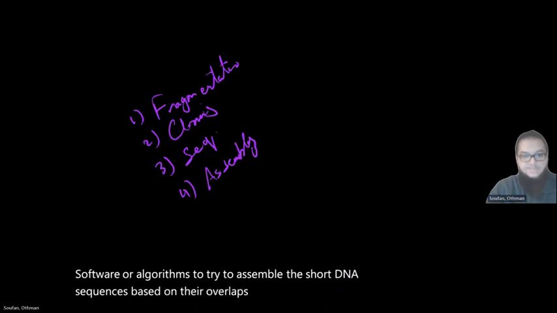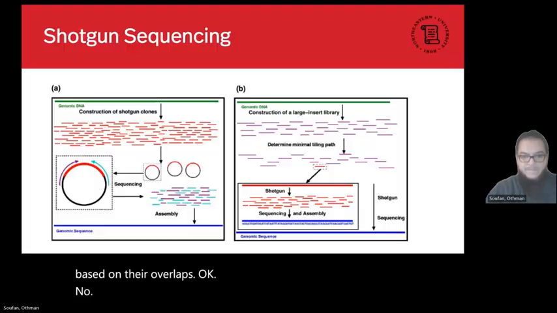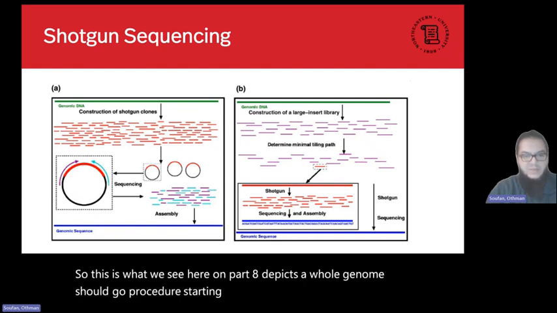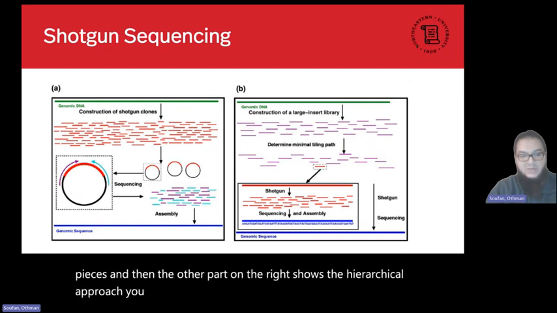Okay. So this is what we see here. Part A depicts a whole genome shotgun procedure, starting by fragmenting the genome into pieces, and the other part on the right shows the hierarchical approach utilizing a larger kind of library.